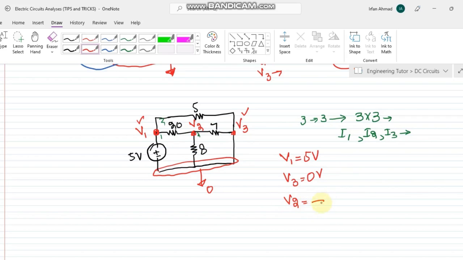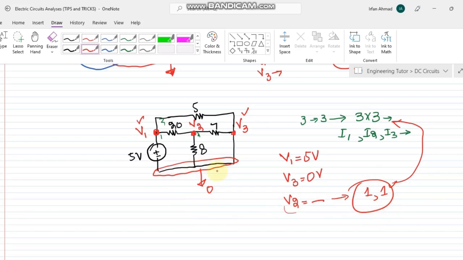So we will have just one equation and one unknown, and solving the same problem with a 3 by 3 matrix is now much easier by using one equation and one unknown.